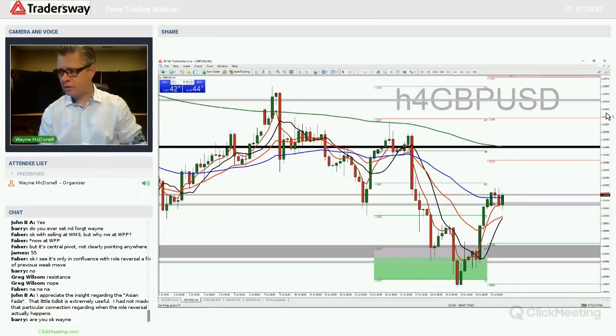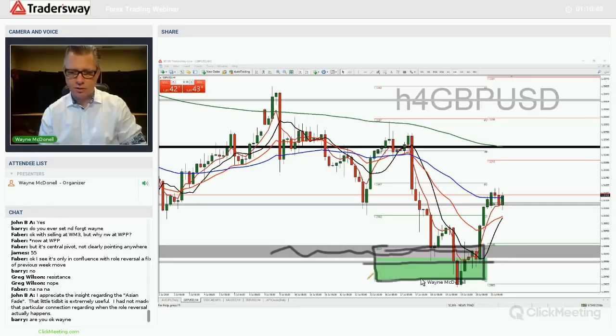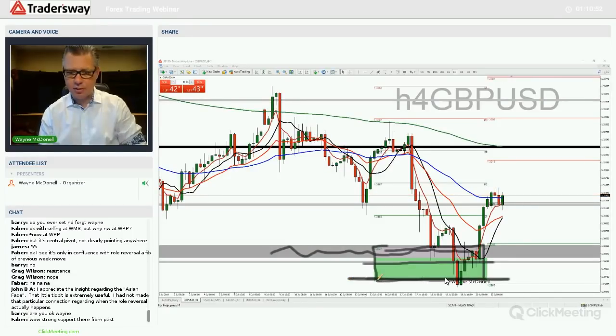So I recognized last week that this was a key area. This was the weekly target for bears. This is an old role reversal. There's a monthly pivot. And then, of course, the primary S2, which we discussed last Thursday, where you're supposed to take profit. You see what I mean?